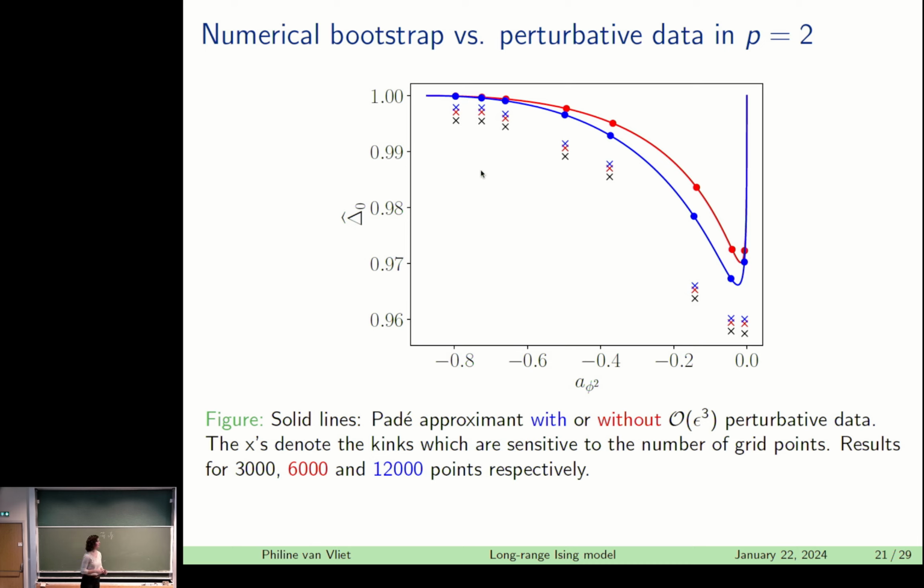So delta phi is given by P and S. For each value of S, you will have a value of delta phi. And from each side of the perturbative ends, you can also find a value of S, either P over 2 plus epsilon over 2, or this P minus delta sigma minus delta. So this also gives you a value for S, and then you can find a value for a phi squared.